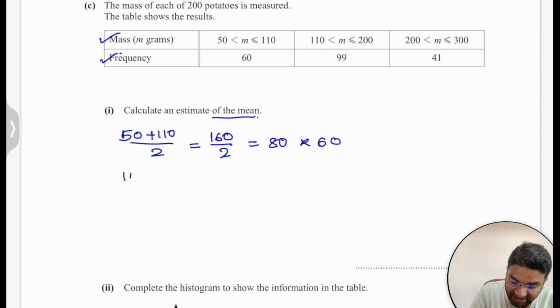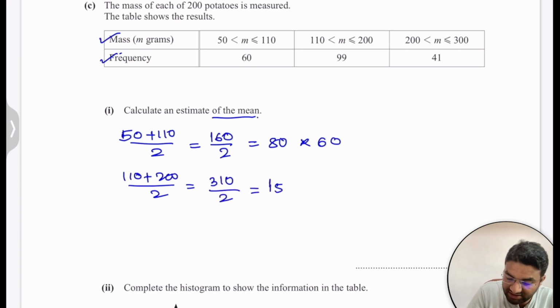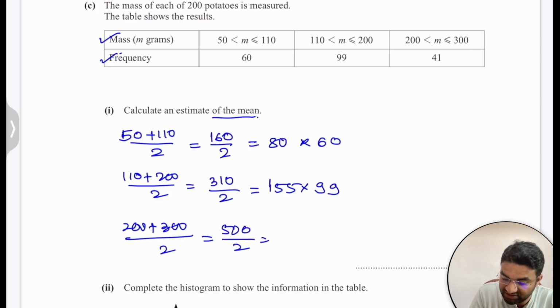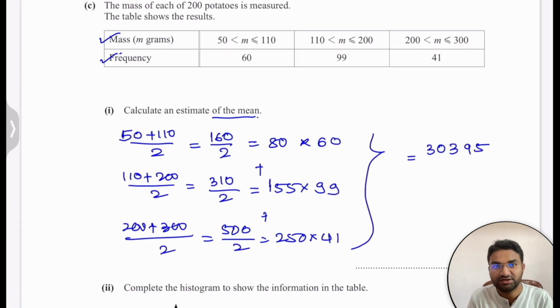So then 110 plus 200 divided by 2, which is 310 divided by 2, which is 155 times 99. Then lastly 200 plus 300 divided by 2, which is 500 divided by 2, which is 250 times 41, and you have to add these values.